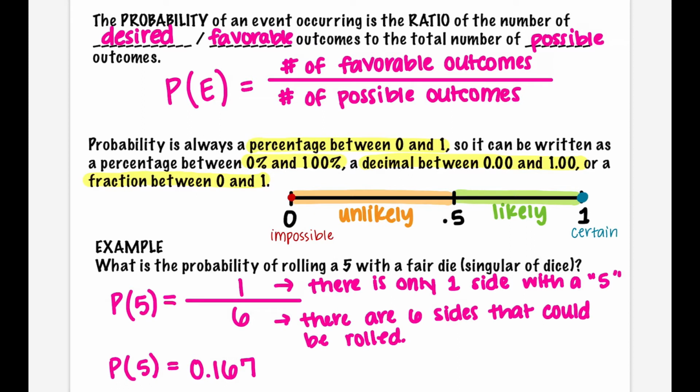Another way of writing it would be that the probability of rolling a 5, if we convert that into a percentage, would be 16.7%. So all three of these are ways that you can write the probability.